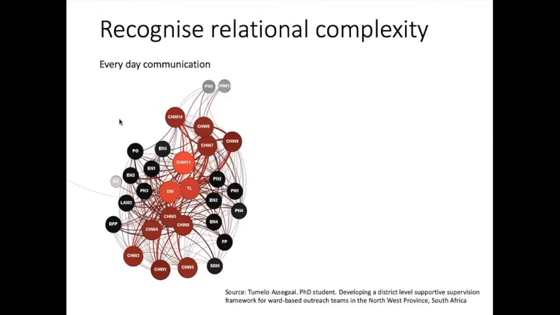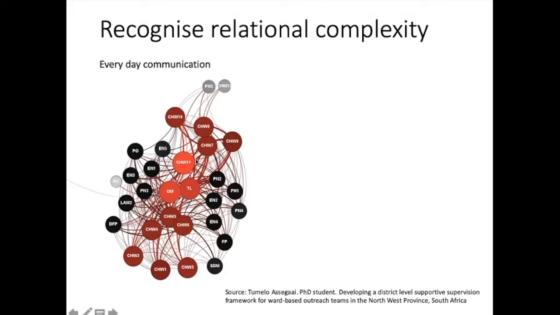So thinking a little bit firstly about what is a health service context, here is a diagram showing the communication patterns in a local community health worker team with the local primary healthcare system. So you see CHWs numbered here from 1 to 11.